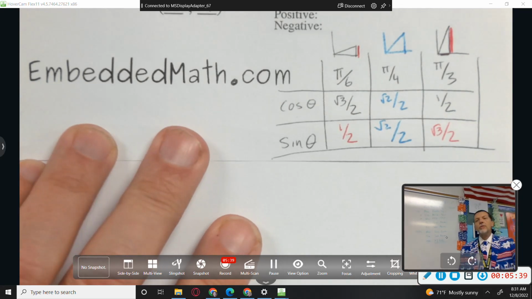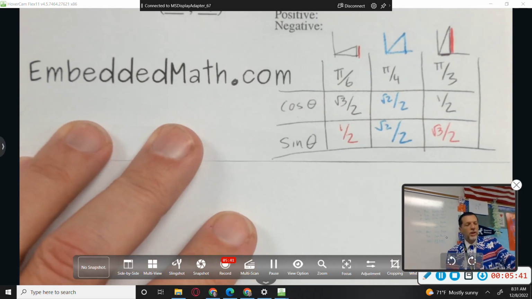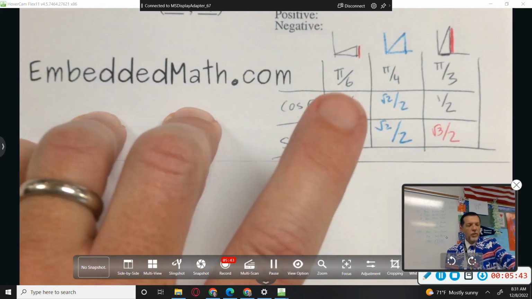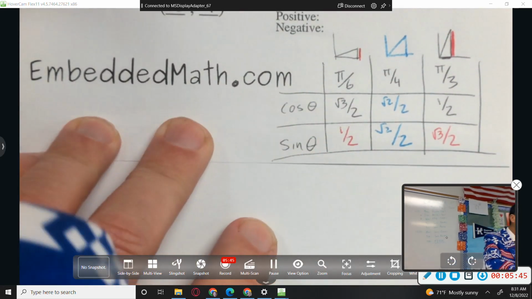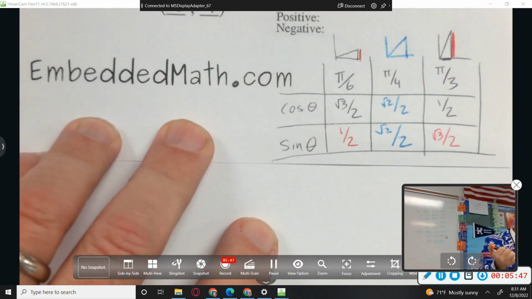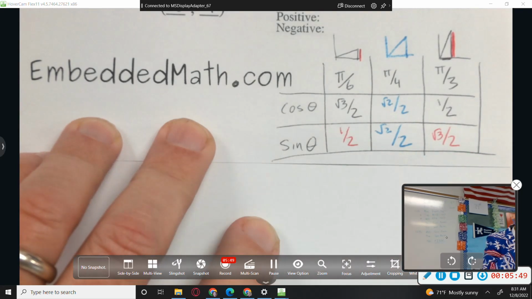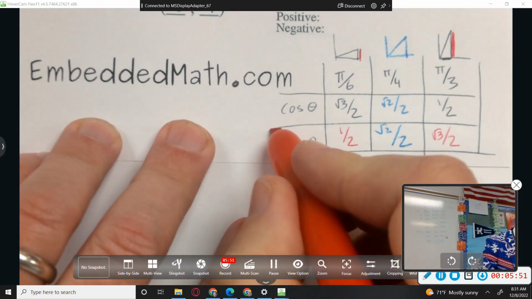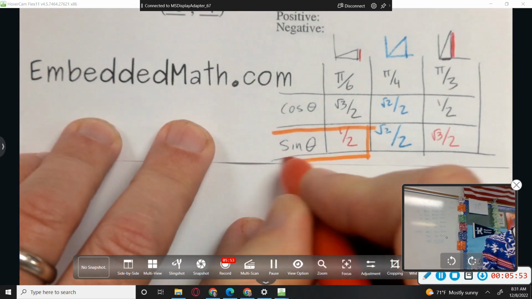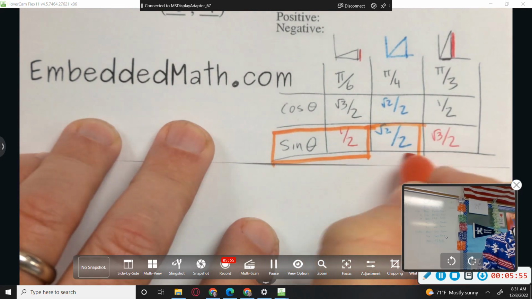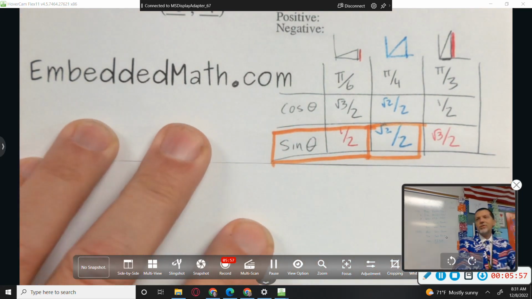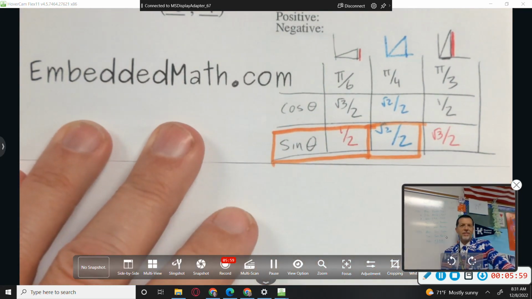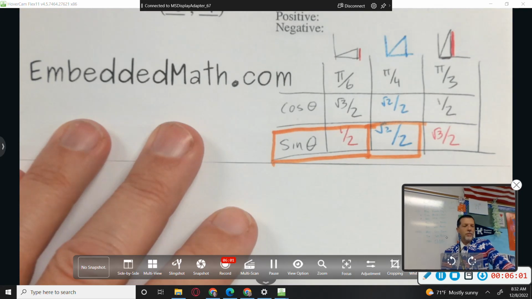Now, again, that was me thinking through each one, but some people aren't going to think through. They're just going to memorize that table and then use that table. And even if you memorize that table, because of all the symmetry, there's really only 2 values to memorize, because the rest kind of flow from there.